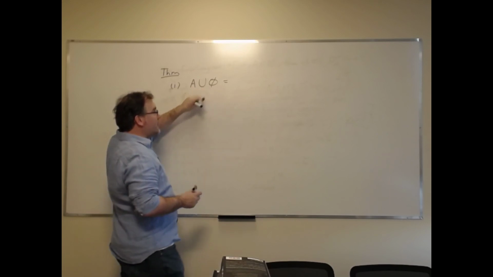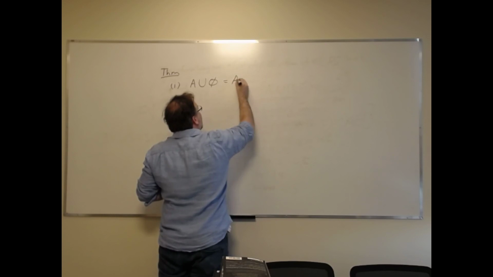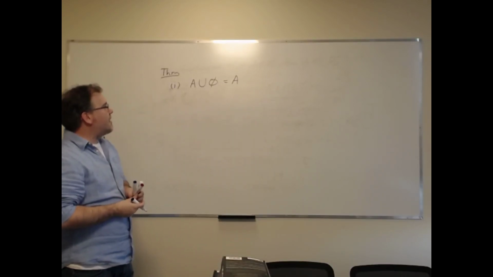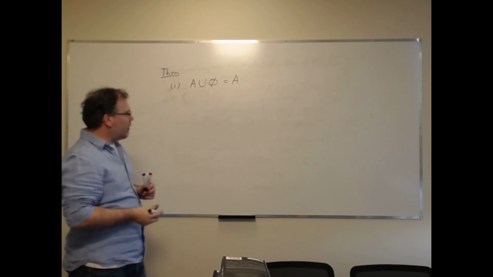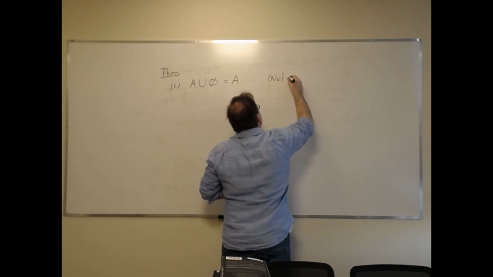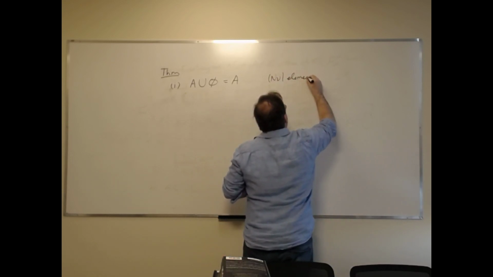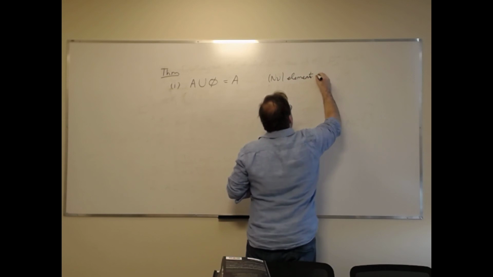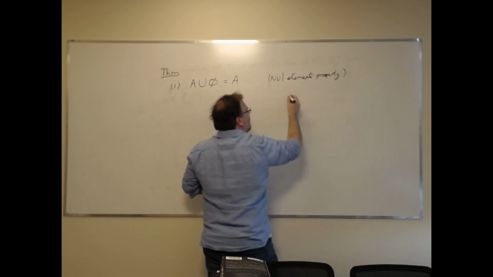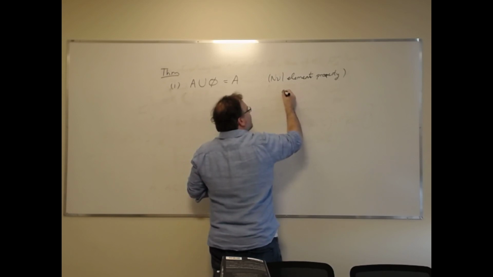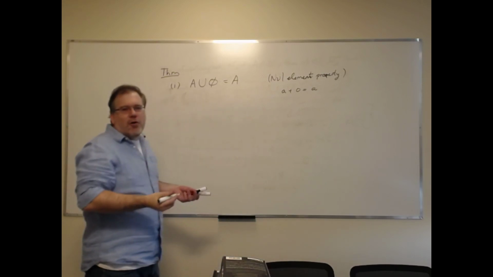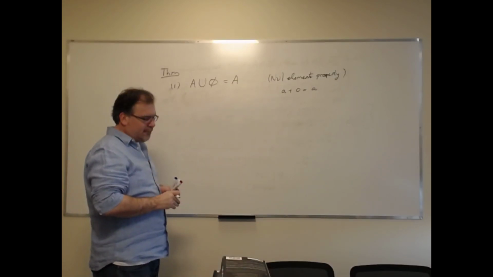So that's going to be just the elements of A. So A union empty set equals A. And that's called the null element property. Why is it called null element? Because it's a bit of an analogy to A plus 0 equals A, right? 0 is the null element here.